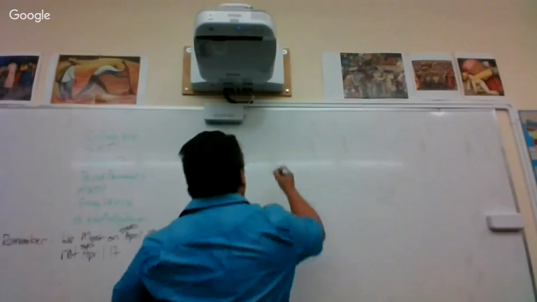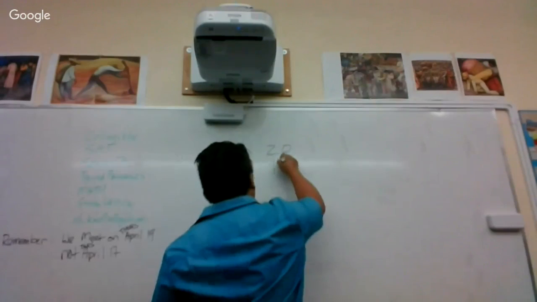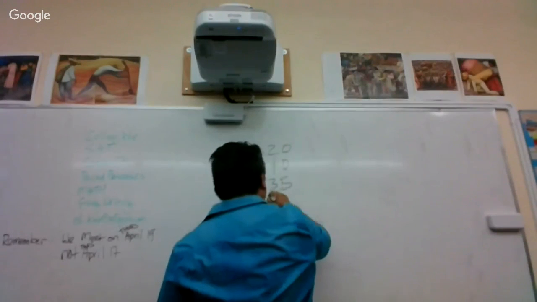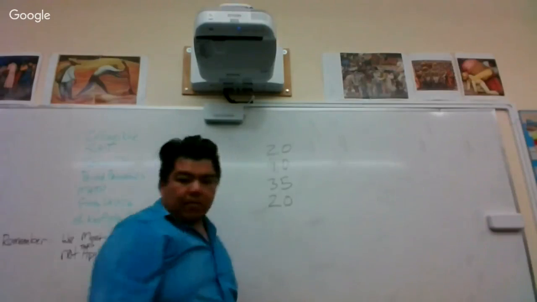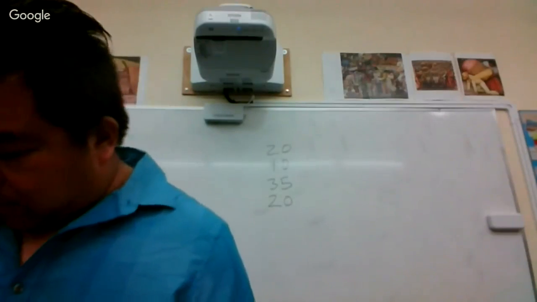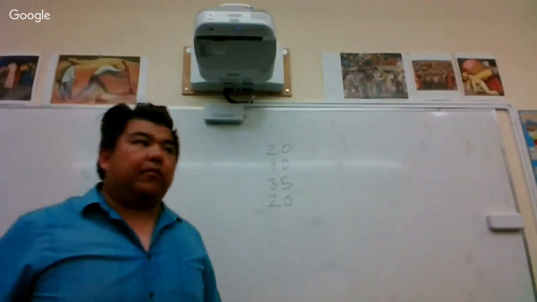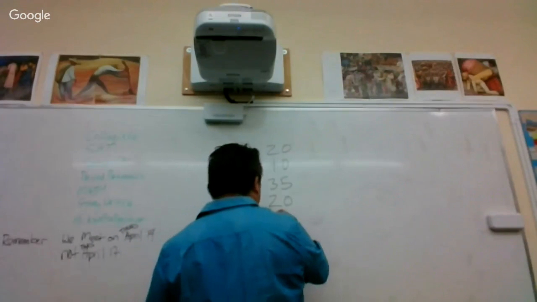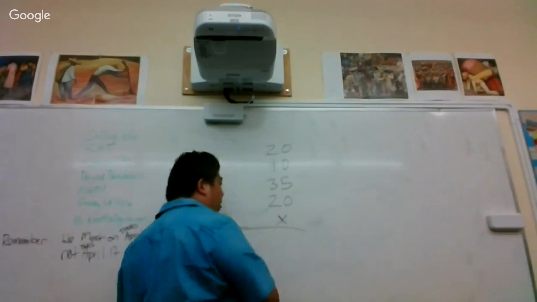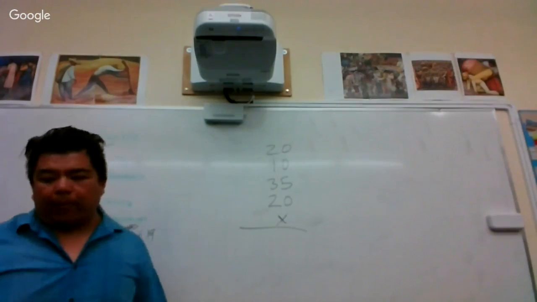You said 20. 35% to homeless shelters, 20% to cancer research, and the rest to autism, which I'm going to write as X.